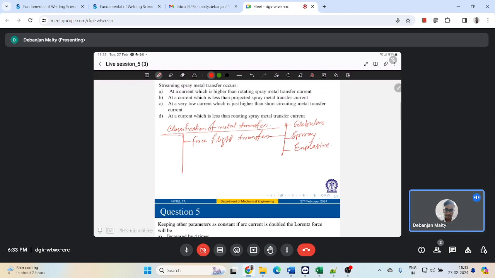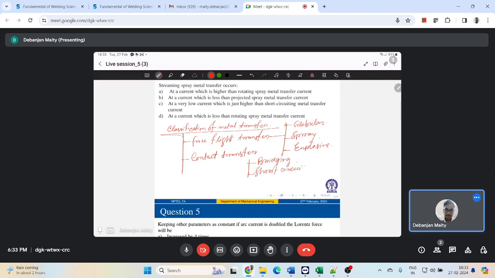These are three different kinds of free flight metal transfer. Then you can have contact kind of transfer, where we have bridging, and then short circuiting.